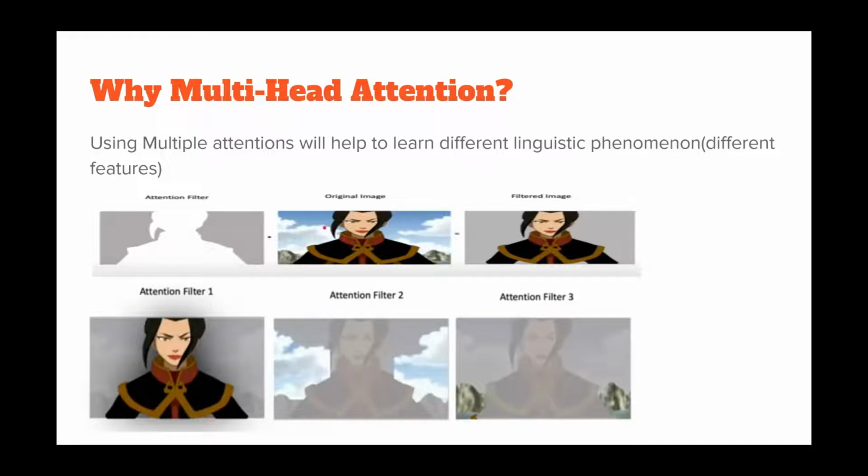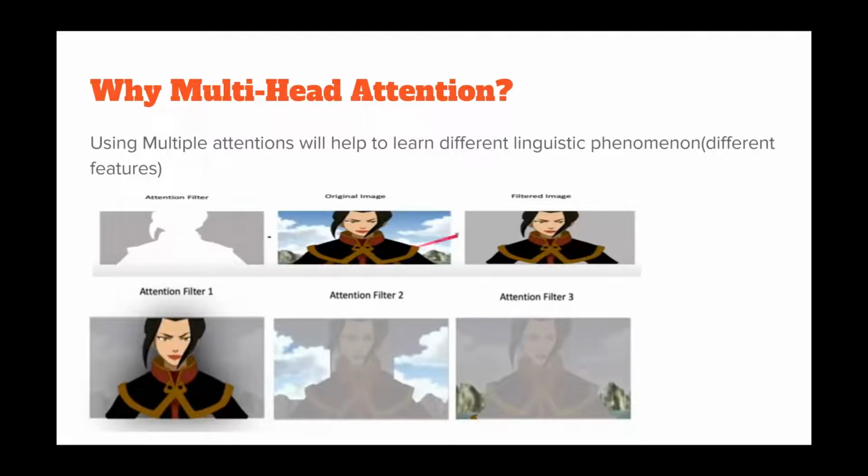One attention layer might learn about the lady herself, another might learn something in the background like the sky, another might learn about the clouds, and another about the mountains. So having multiple attentions helps to learn different features.